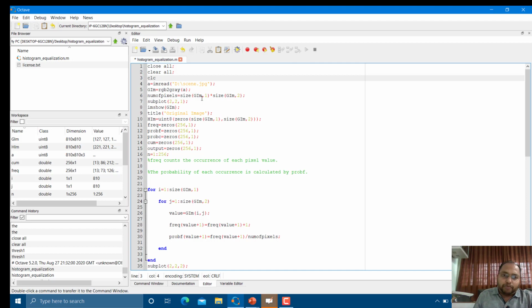From this step we have found the number of rows and the number of columns, and we have multiplied them, and that product will be stored in the variable numberOfPixels. So this variable will hold the number of pixels of that particular image.